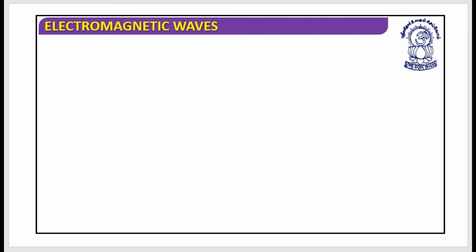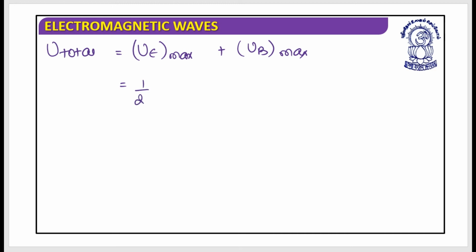If I take the total, U total would be equal to U_E max plus U_B max. So this is half into epsilon naught into E naught square plus 1 by 2 into B naught square by mu naught.